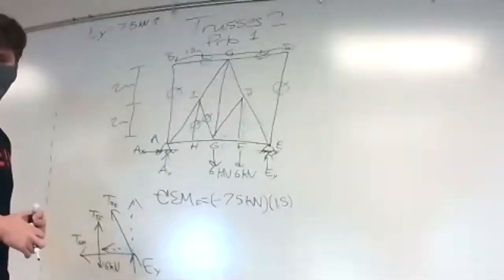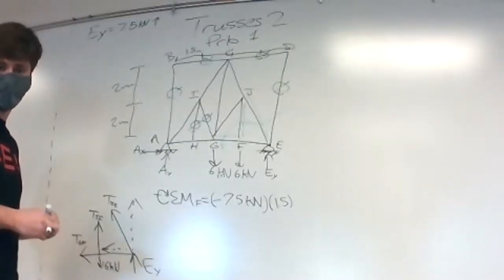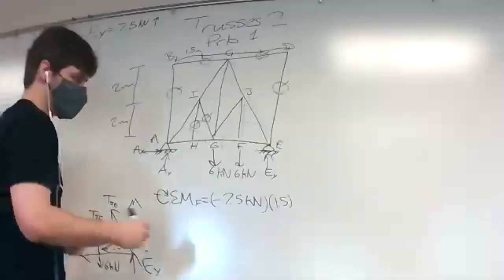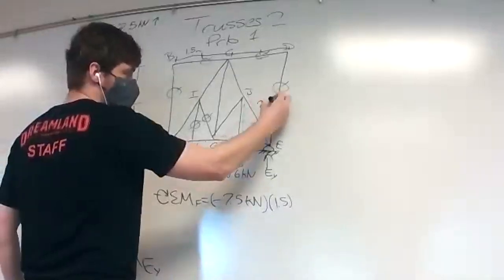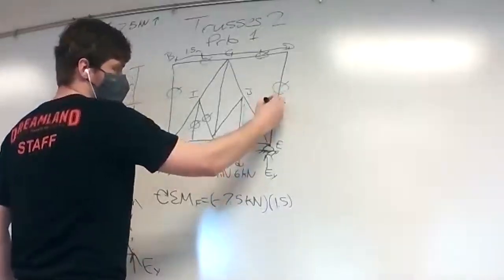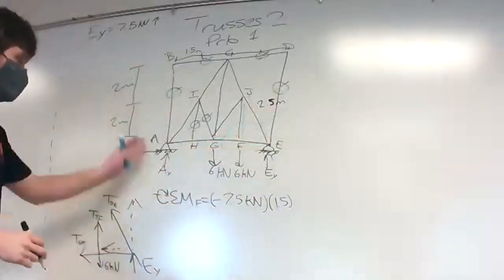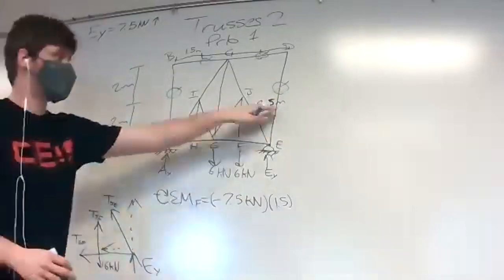Okay, so we know that the distance for JE is 2.5 meters. So our Y component, the one that we're looking for, is going to be 2 over 2.5.